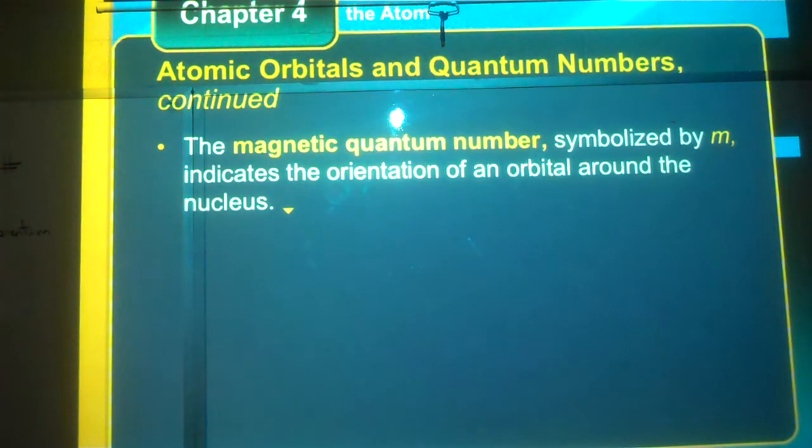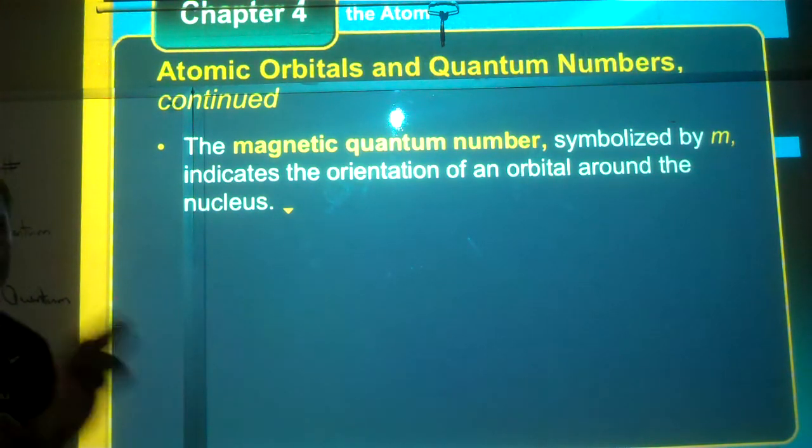Now you have the magnetic quantum number. This is one of the hardest ones for students to understand. Magnetic quantum number: the orientation around the nucleus. That is symbolized by m. That one's hard for me to say in one word. It's kind of like, is it around the x-axis, the y-axis, or the z-axis?